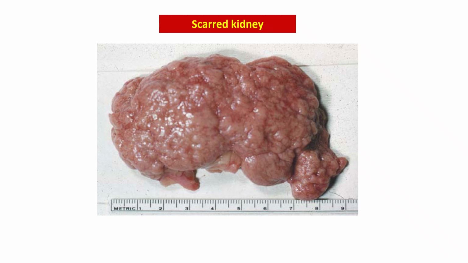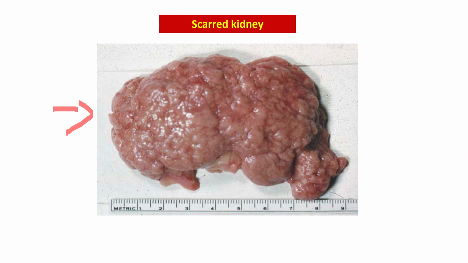So there is loss of smooth cortical surface that has been replaced by diffuse granular lumpy surface. The size is also shrunken. The overall size is decreased, reflecting a chronic atrophic process. It is firm in consistency, and this firmness is attributed to the fibrosis that occurs inside this kidney.